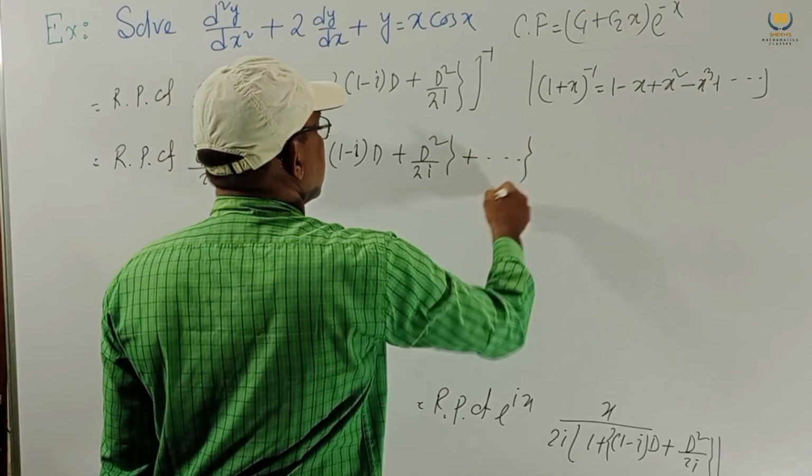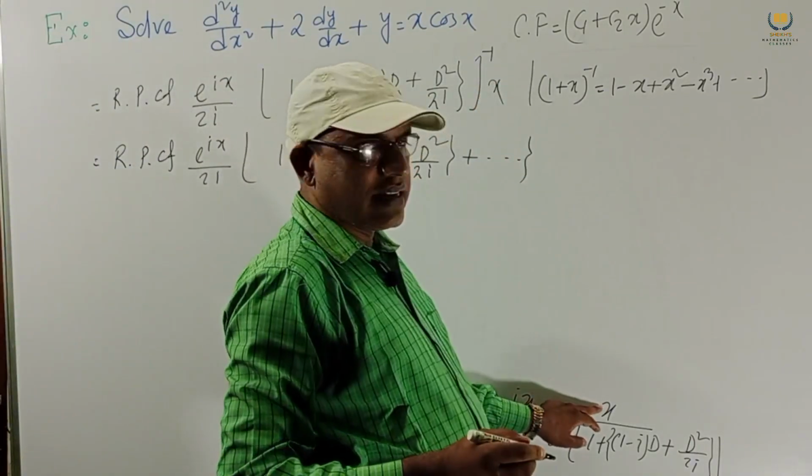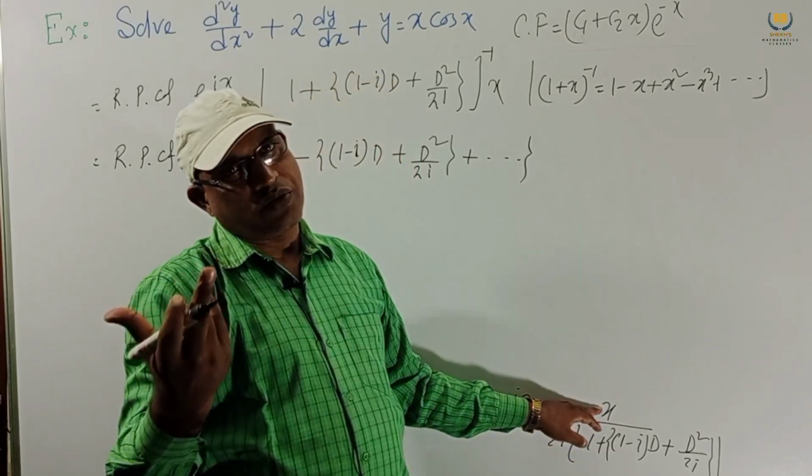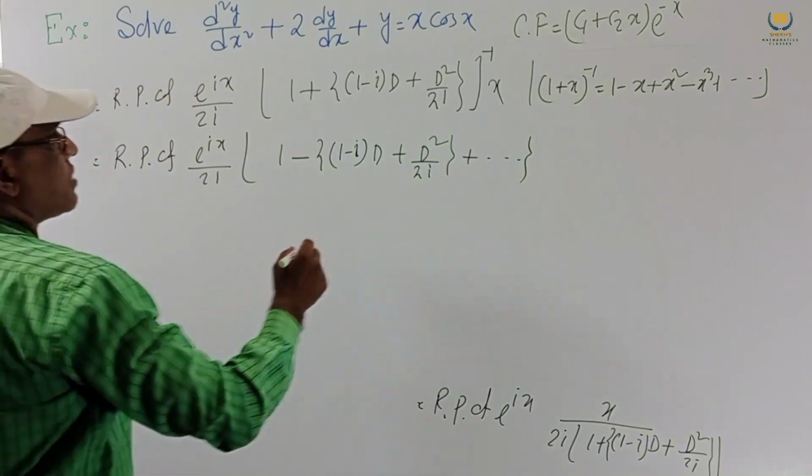No need to write other terms because our variable is x. If we differentiate one time we get 1, next time it will be 0. So this will be x.